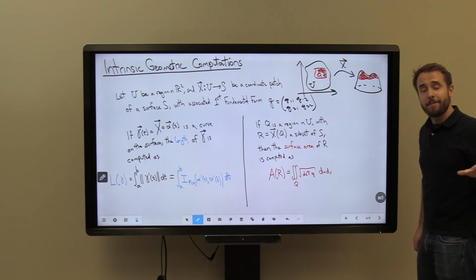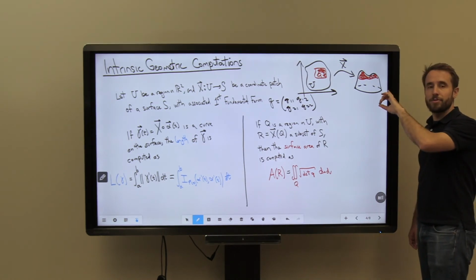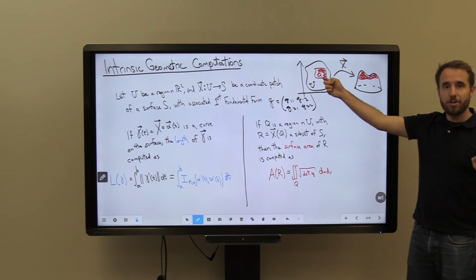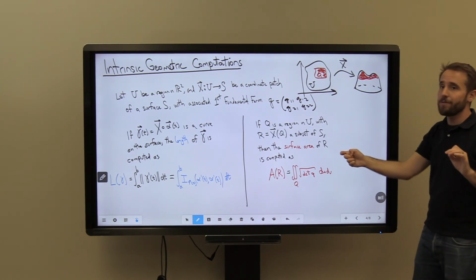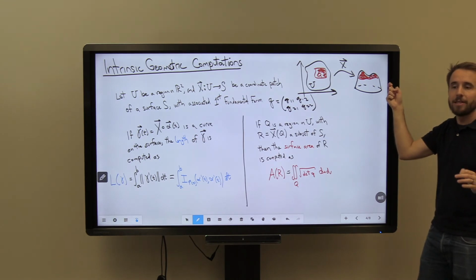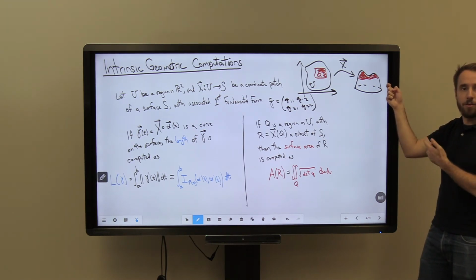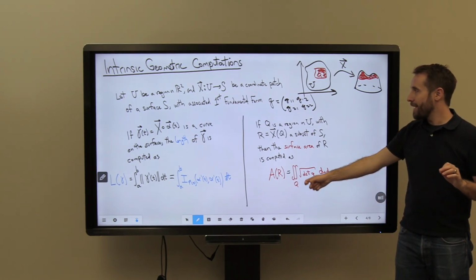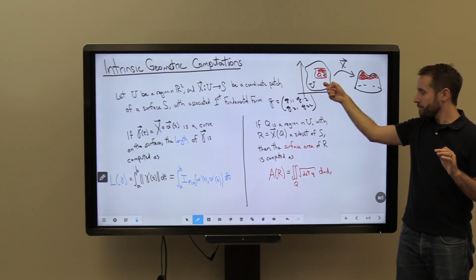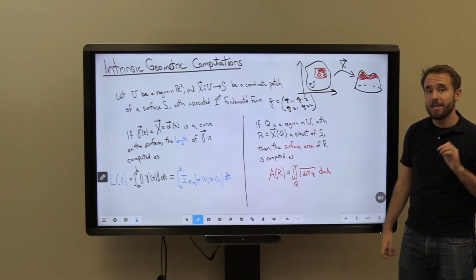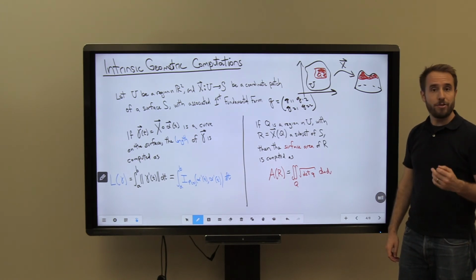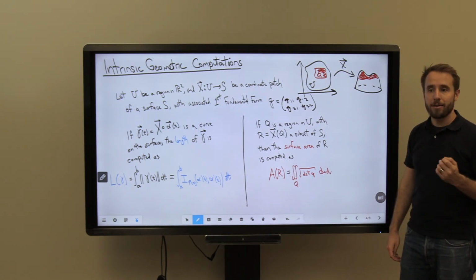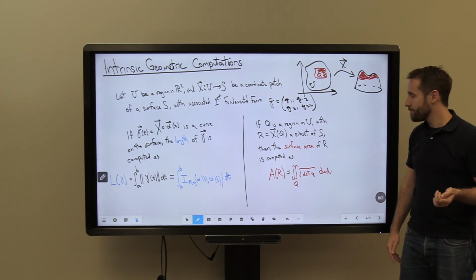Up here, I can find the surface area for this region by computing an appropriate integral over my domain region Q. Specifically, the surface area of this piece over here is going to be the double integral over my region Q of the square root of the determinant of G. So the square root of the determinant of my first fundamental form.